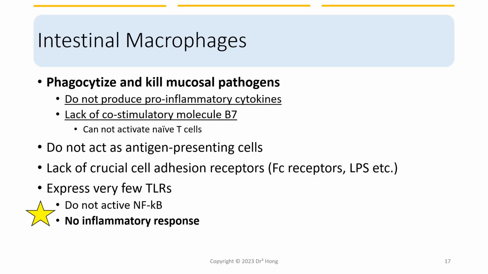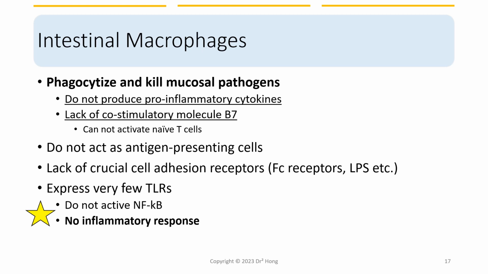The reason for no inflammation is that intestinal macrophages are different from macrophages found in other tissues. These intestinal macrophages still eat and kill mucosal pathogens, but they do not produce pro-inflammatory cytokines and lack the co-stimulatory molecule B7, so they cannot act as an antigen-presenting cell to activate naive T cells.